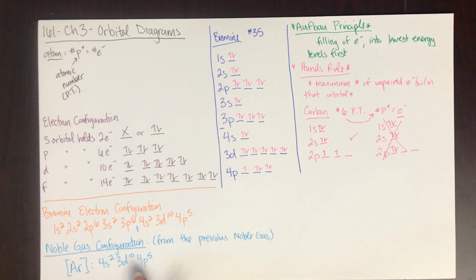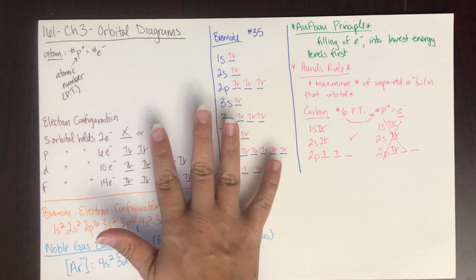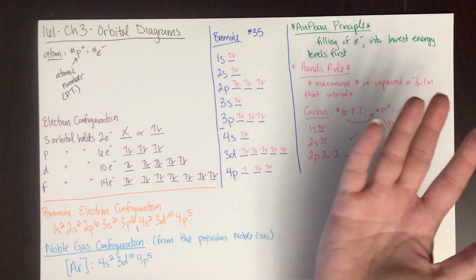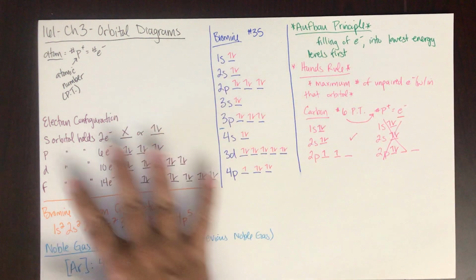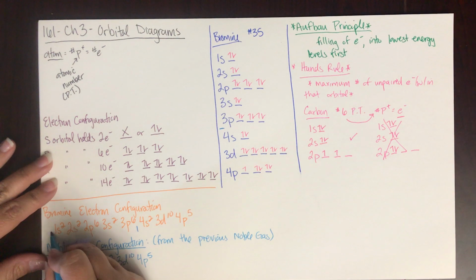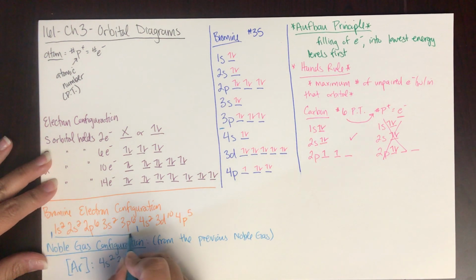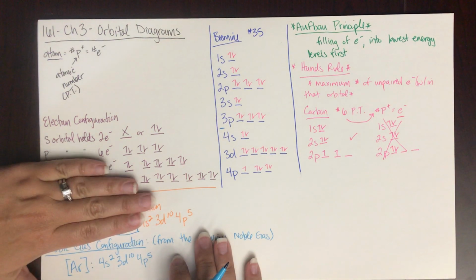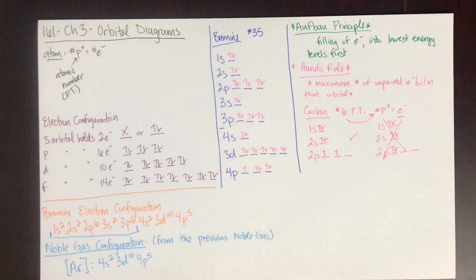This noble gas configuration is just an abbreviation, because if you were to write the electron configuration of something with 80 or 100 electrons, it would be a lot of information. So the noble gas configuration is a condensed, abbreviated version. Essentially it's everything from here to here. This is argon, and now we're just looking at what's past that.